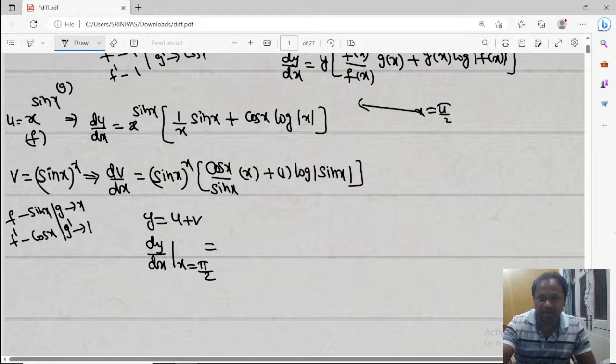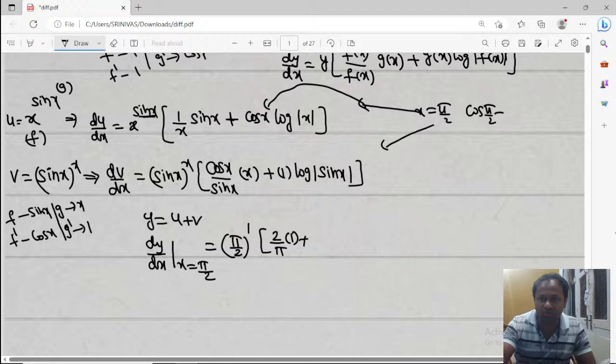What we get? Pi by 2 power sin pi by 2. Sin pi by 2 will be 1, into 1 by x, which is 2 by pi, plus cos pi by 2, which is 0. So the total becomes 0.